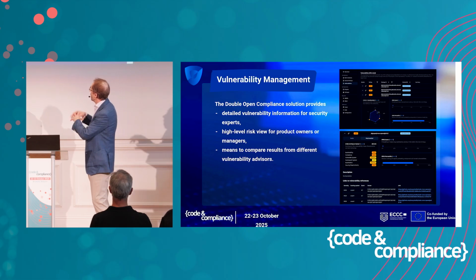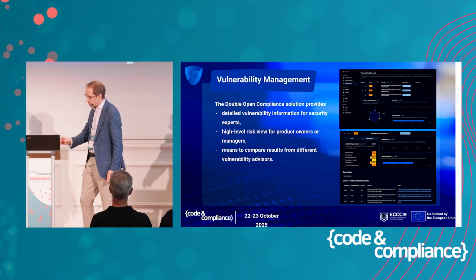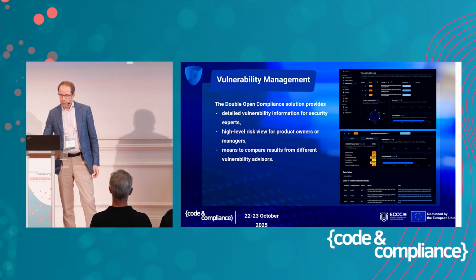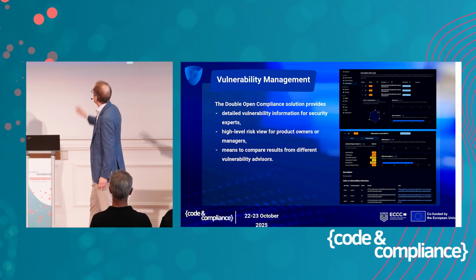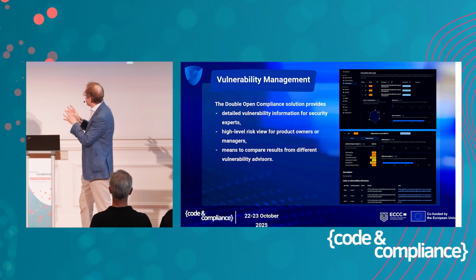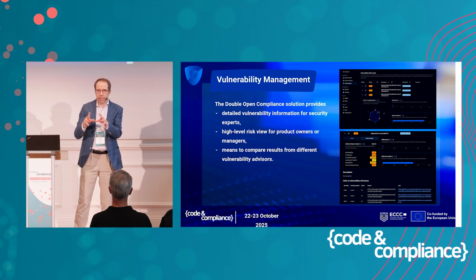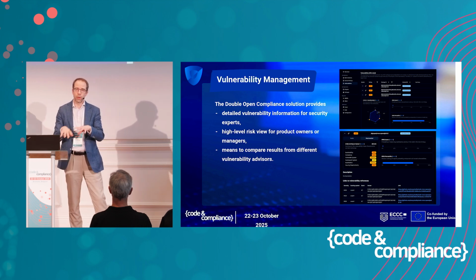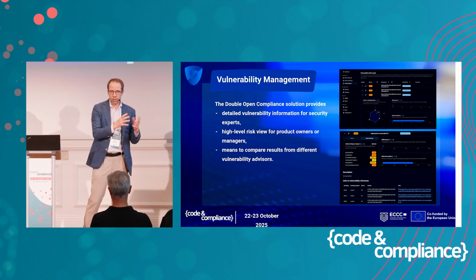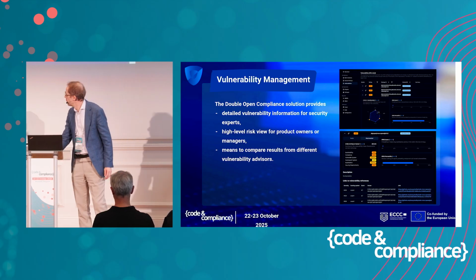And then you have this reporting structure around the UI. In the UI, there are views that you can use on a very specific repository level, software asset, or you can look at a product level, or even on organization level.